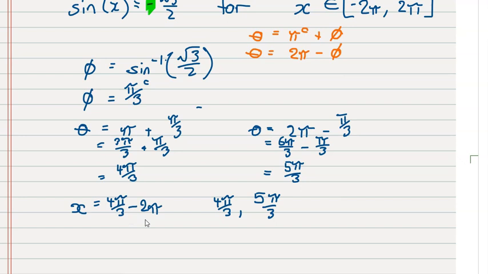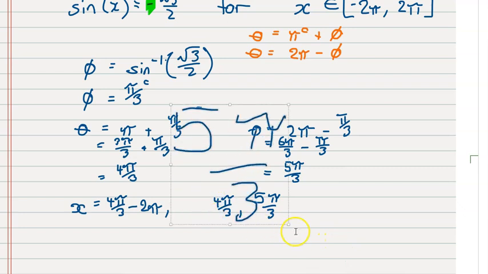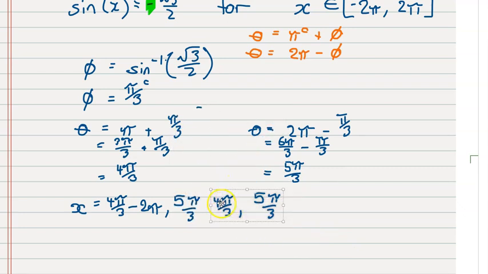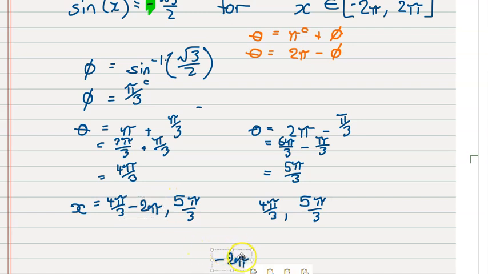And the second value I'm going to get is going to be this 5 pi minus the 2 pi there.